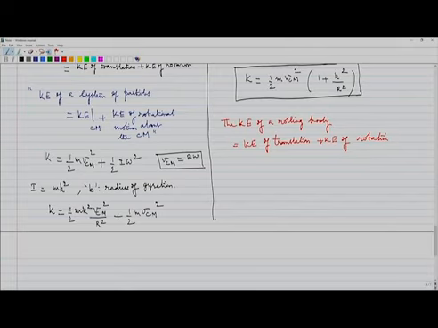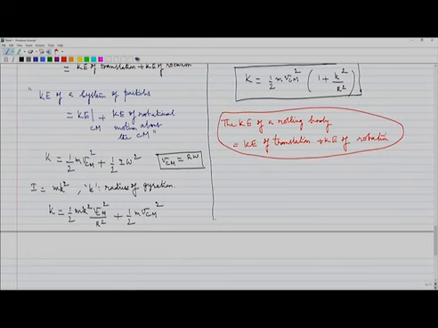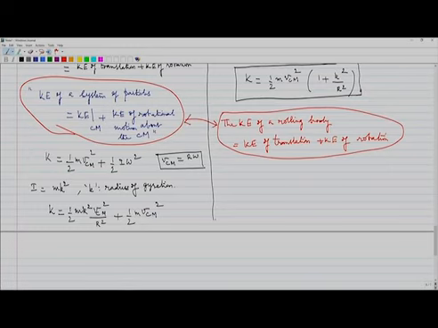This is nothing but what we already did in the case of many particles. Both are actually the same. We have got an expression for the kinetic energy. Now we can make use of this expression.